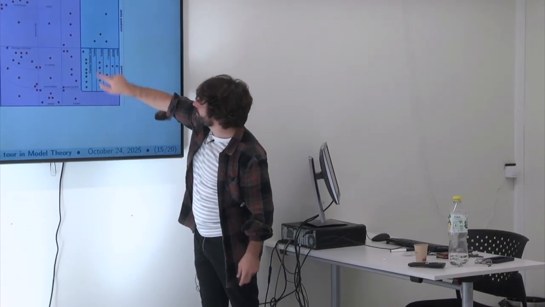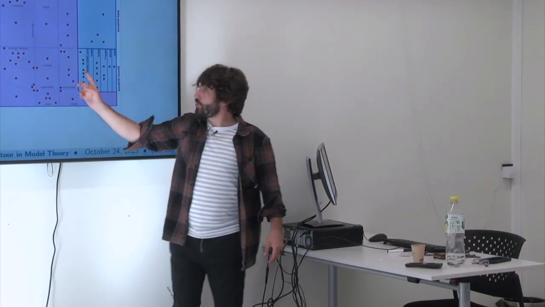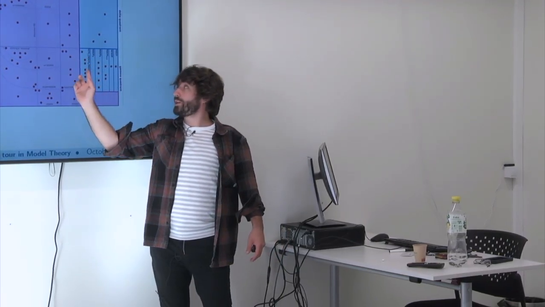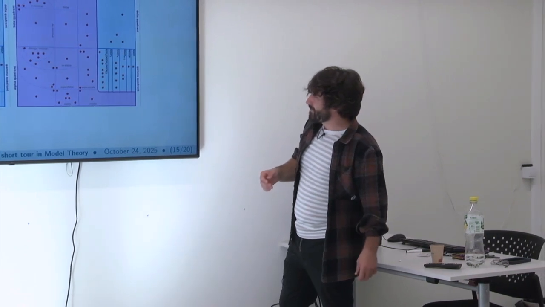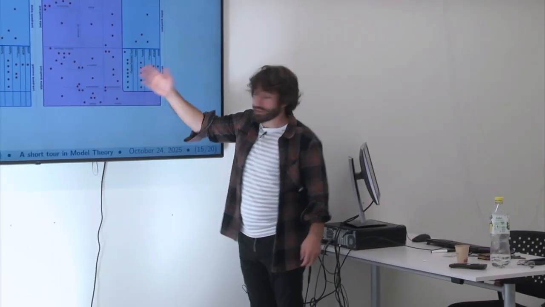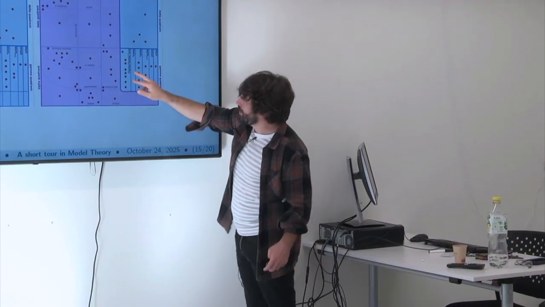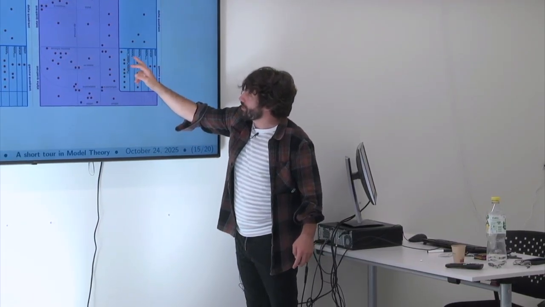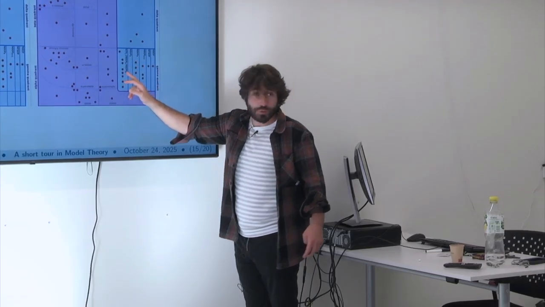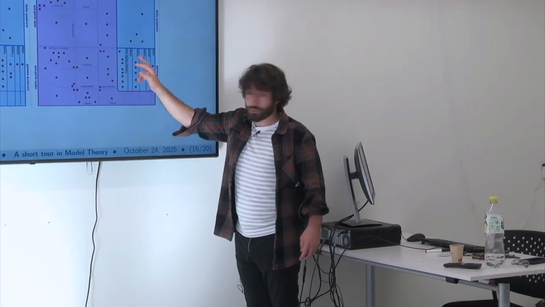This is the case for NSOP3, and it was long open whether NSOP1 and NSOP2 are the same. It was proved two years ago by a young guy from the US, a long conjecture, and it's true, those are the same. So it's very strange, and here nobody knows what to expect. Is NSOP3 equal to NSOP2 and NSOP1, or is it equal to NSOP4?